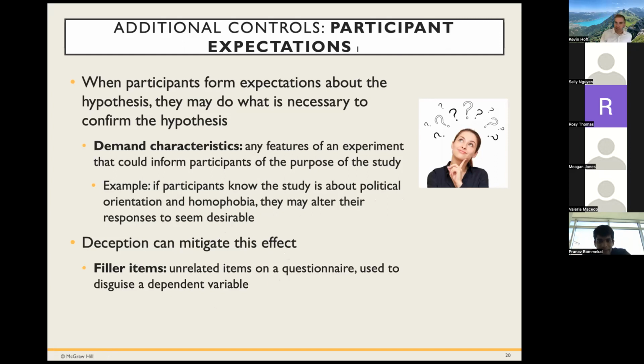I could get around that by including a bunch of other stuff on the survey that I wasn't necessarily interested in, but it disguised what I'm focusing on. So I'd still have the same questions about political orientation and homophobia, but also a bunch of other questions, and so they would stand out less.